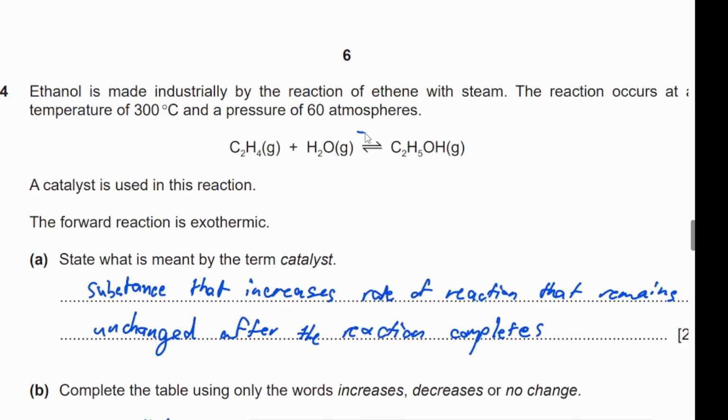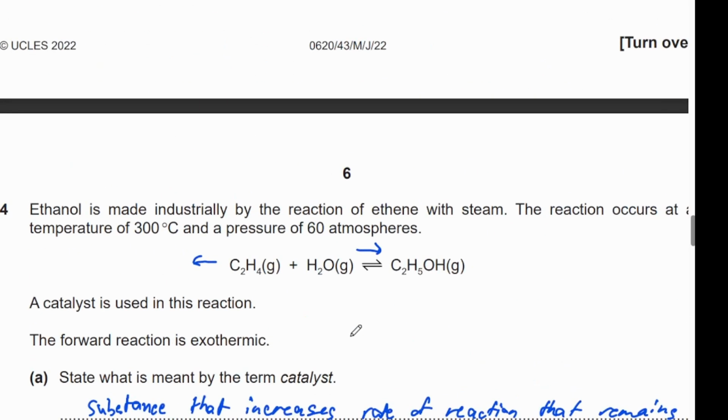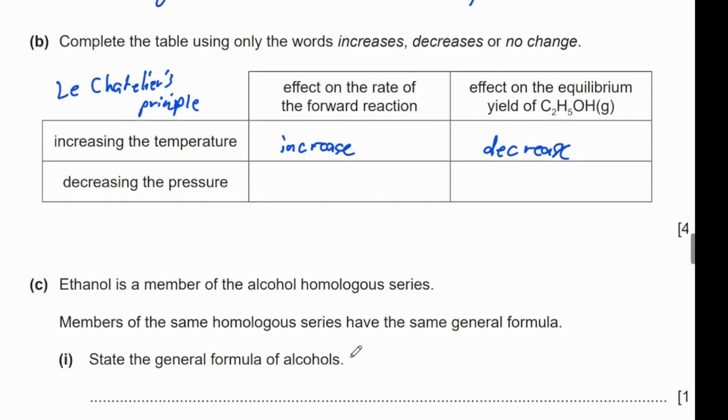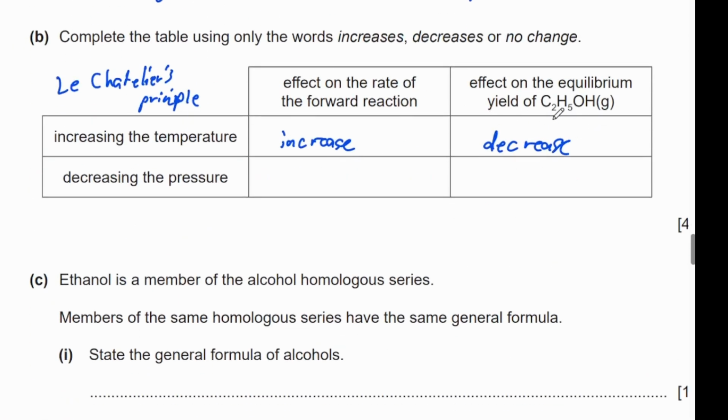If we increase the temperature, it would favor the backwards reaction because the backwards reaction is endothermic and would bring down the temperature. So therefore, the yield of C2H5OH would decrease.